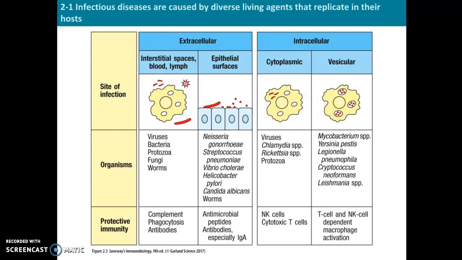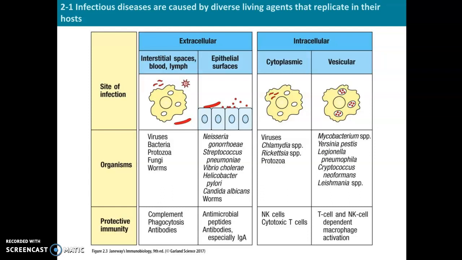They could also be vesicular, so let's say a macrophage endocytoses something like Legionella or Cryptococcus or Leishmania. They're going to interfere with the ability of lysosomes to attach to those phagosomes, and so they can just live inside of that phagosome indefinitely. Mycobacteria are really famous for this.